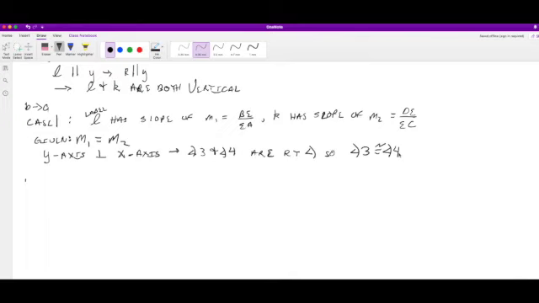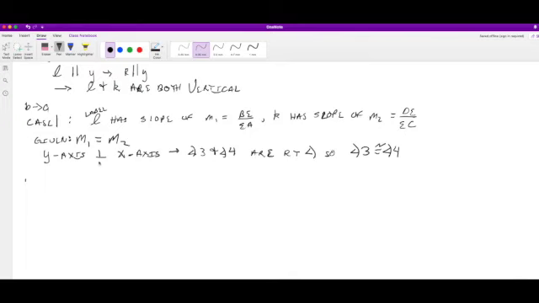Now that's important because we now have two angles of two different triangles that are congruent to each other. And by M1 being equal to M2, we also now have the ratio of one triangle equal to the ratio of another triangle.